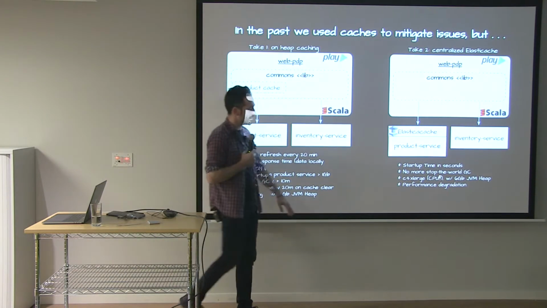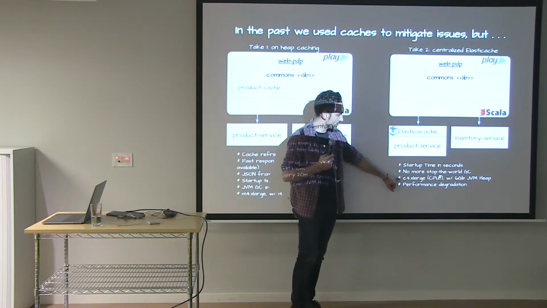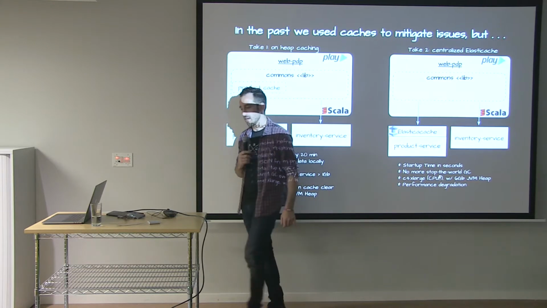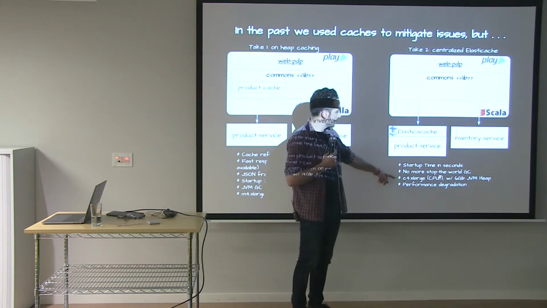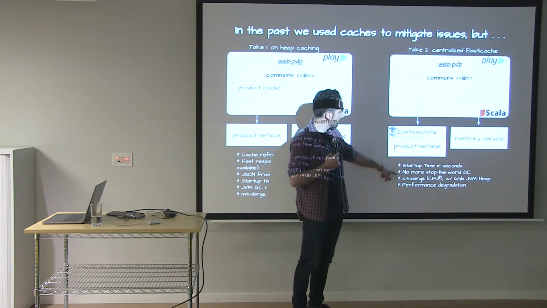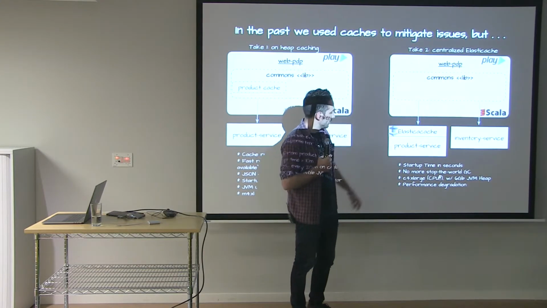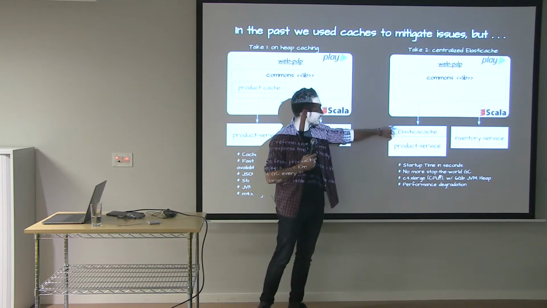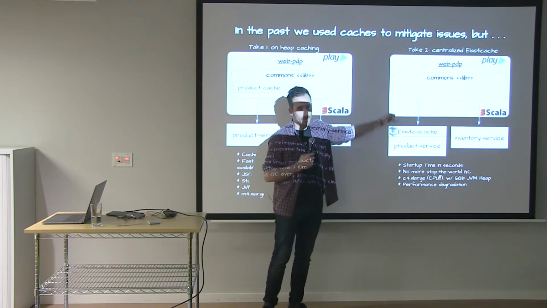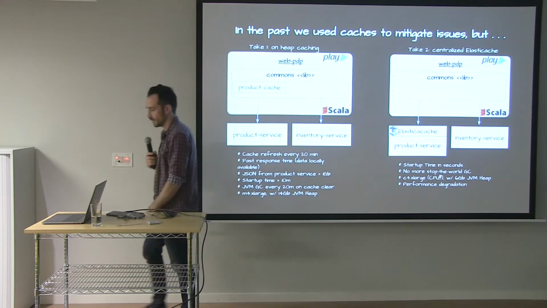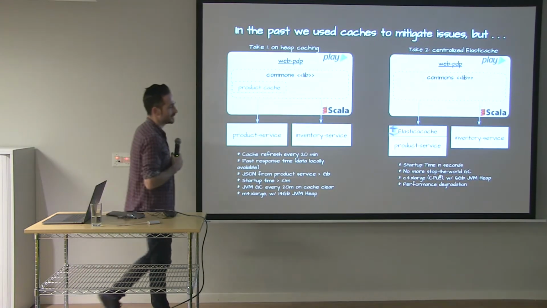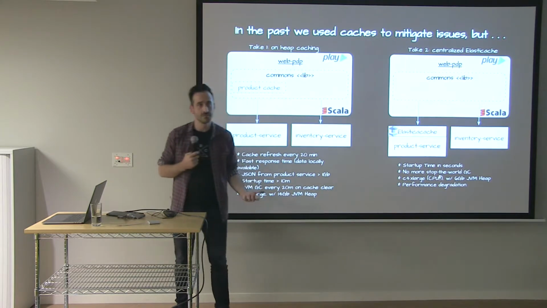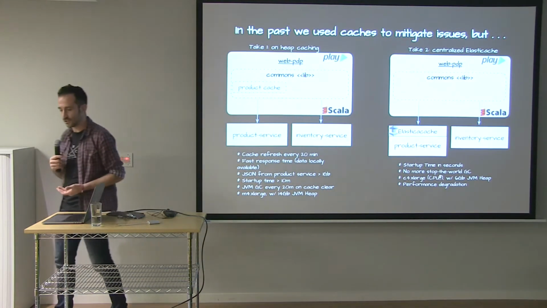We were saving some money with this change, but not much. Why? Because this service needed CPU optimized instances, because it had to marshal a lot of data from Elasticache, and the performance went down because there was a network call, a marshalling.